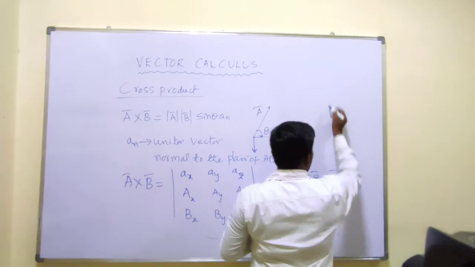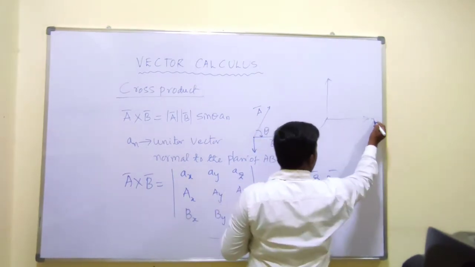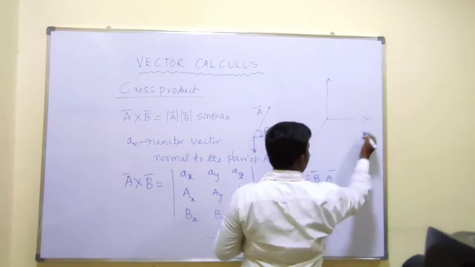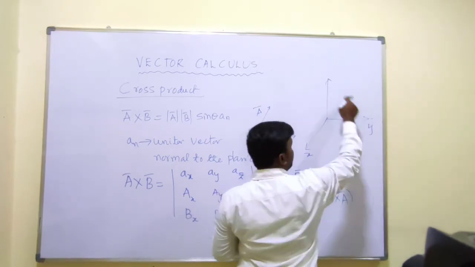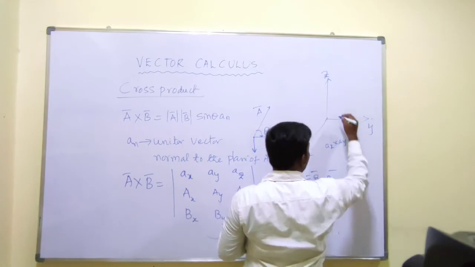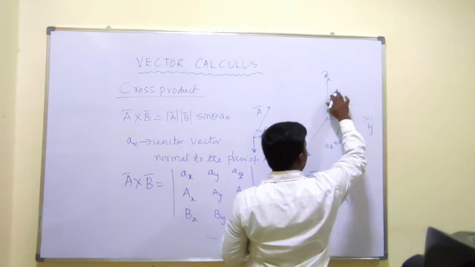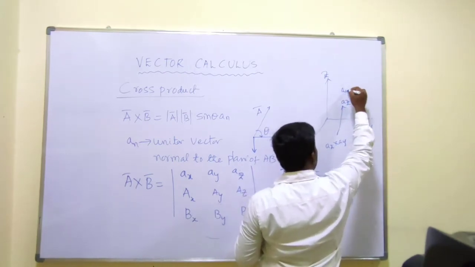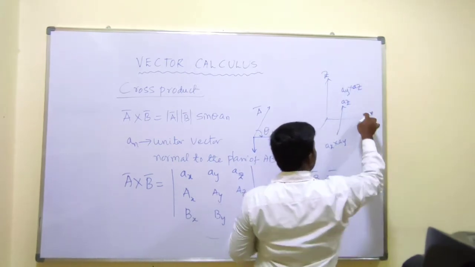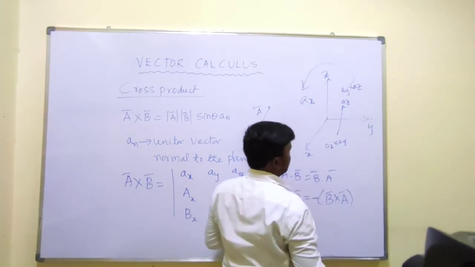Or else take the Cartesian coordinate system: x, y, z. Ax cross ay, x to y gives z, the resultant vector az. And ay cross az, this is the yz plane, y to z gives x, that is ax.